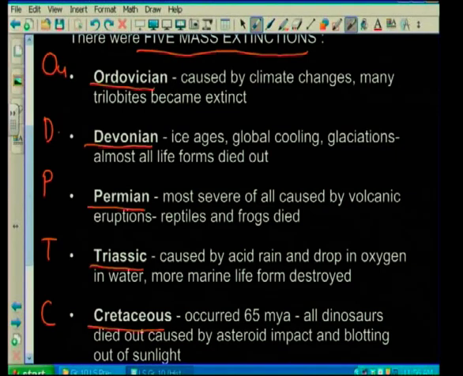The first one was the Ordovician one, and you can say, for example, our dads paid taxes crazily. That is my way of making a mnemonic. You can make your own in order for you to remember the 5 mass extinctions in the correct order.